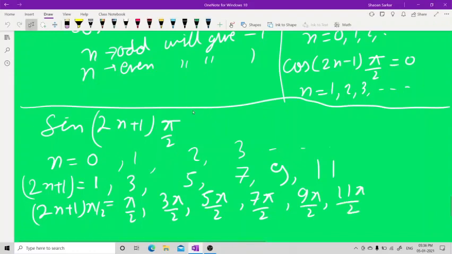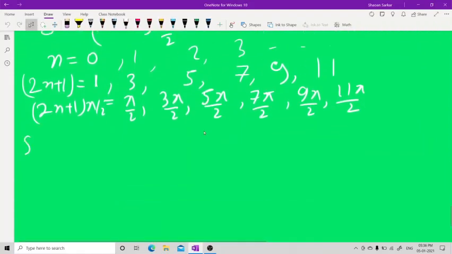And if you write sine 2n plus 1 pi by 2, you will get 1, minus 1, 1, minus 1, 1, minus 1.